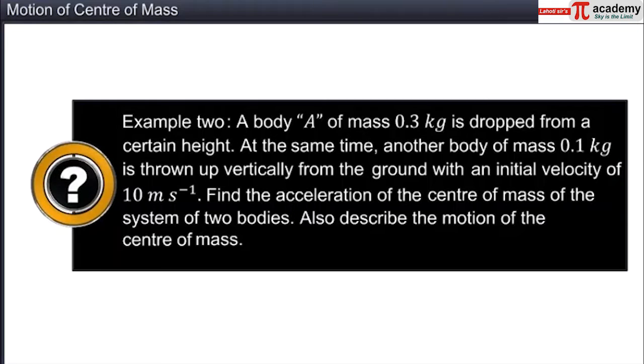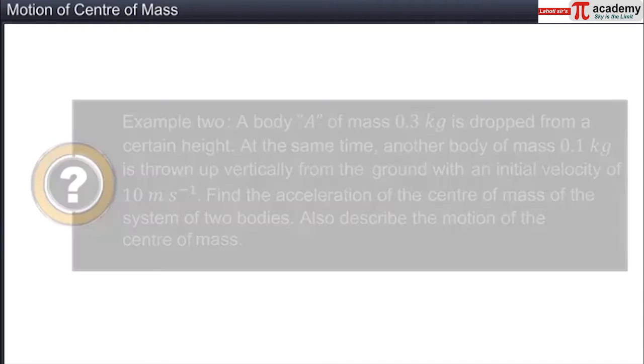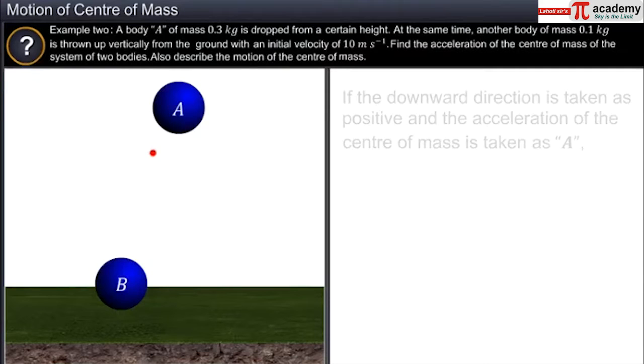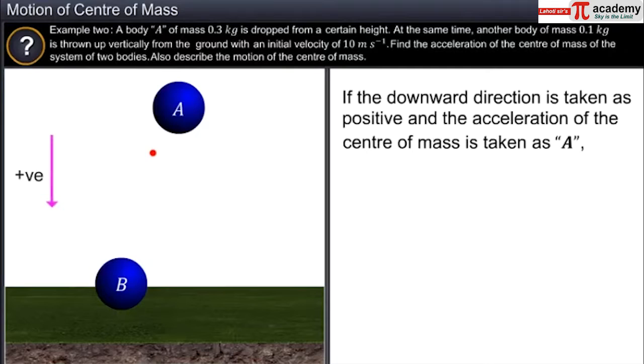Now, let us find the acceleration of the center of mass of the system of two bodies discussed in the earlier example. We will also describe the motion of the center of mass. Solution. If the downward direction is taken as positive and the acceleration of the center of mass is taken as a, then acceleration of A is equal to acceleration of B, which is equal to g.